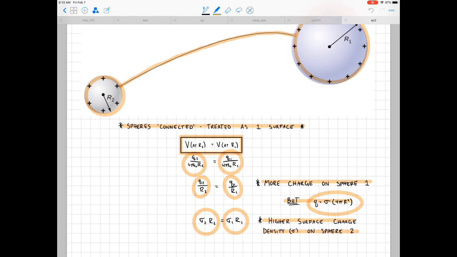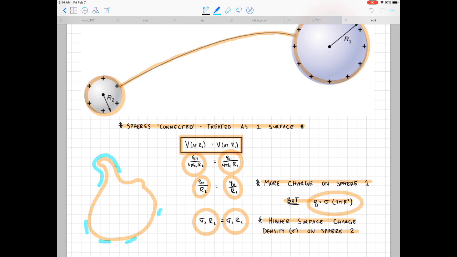And so this is in general true that the smaller radius of curvature your surface has, the higher the surface charge density is. And so what this means is that if you have a surface that has non-uniform curvature, let's say it looks something like this, well then more charge is going to build up in this region than in this region.